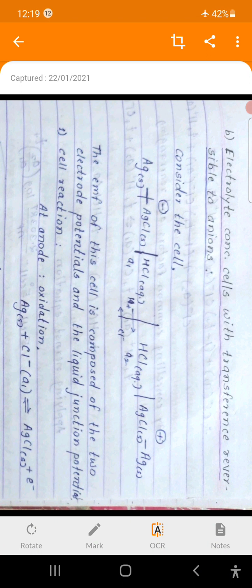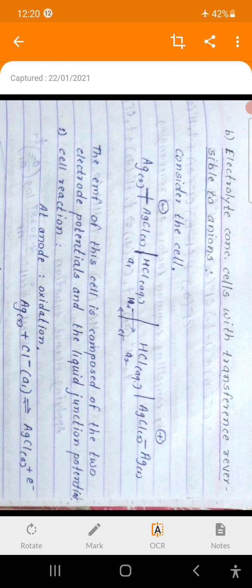In the previous case, a hydrogen gas electrode, platinum H2, was there on both sides, and the electrolyte concentration was the same, with HCl electrolytes.